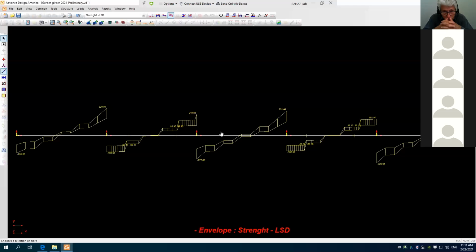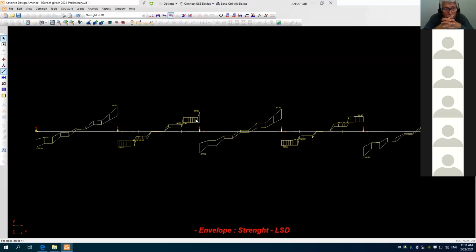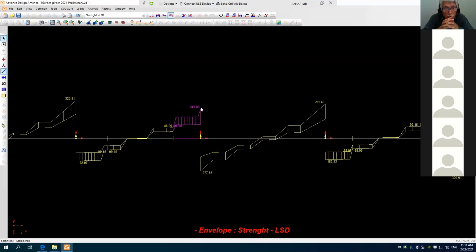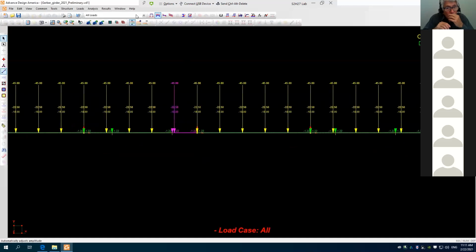Go ahead, Alex. So this is your share, and the error was right here, this 249. When I went to the loads, on all loads, if you check here, you placed a load 45 in the incorrect spot. It should be on the 10-meter span.